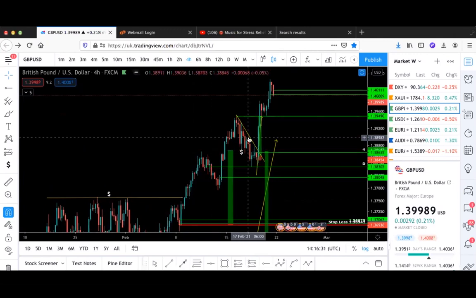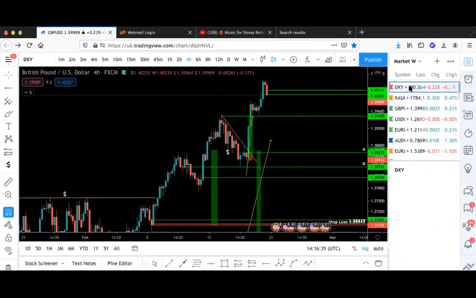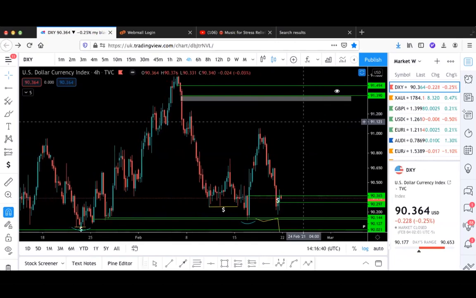So let's look at the chart, quickly at DXY. Now I remember what the questions were: the majority of people asked me how we use the dollar index as an indicator.